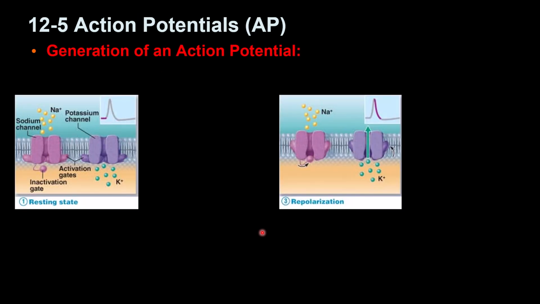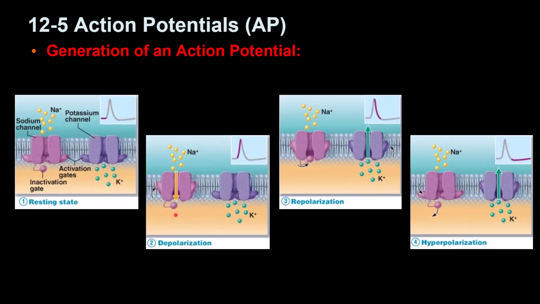So what's happening during an action potential? At rest, nothing is happening here. You have the sodium channel and the potassium channel, and you can see that the membrane potential is negative 70 here. You have two gates for the sodium channel: the activation gate and the inactivation gate.